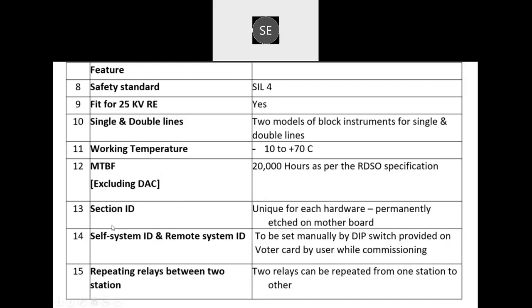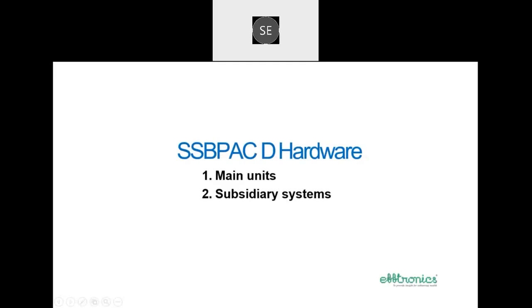Apart from this section ID, there are self system ID and remote system ID that are configured while commissioning the system. There are two repeater relays in the system which are used to repeat the status of a relay from one station to another station. So that is all about the major features of the system.